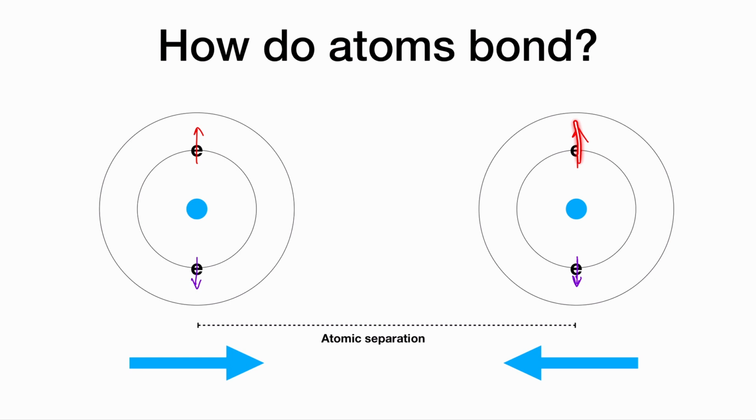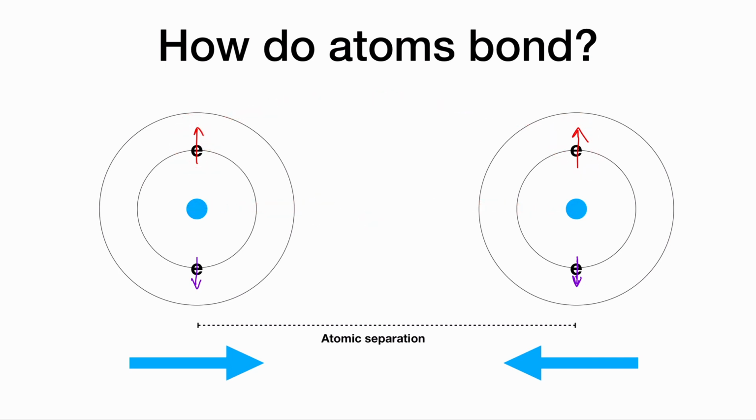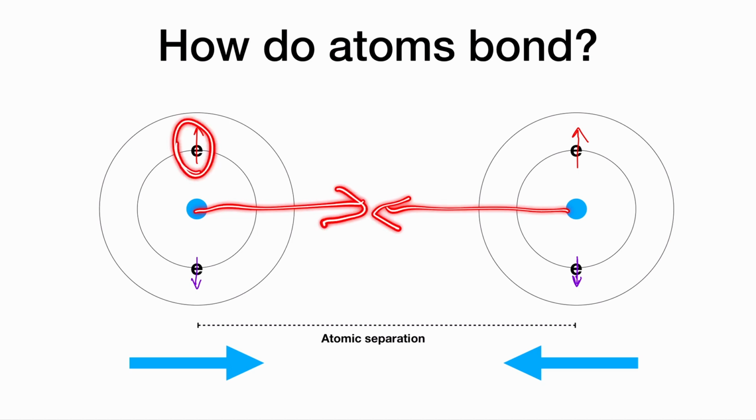And the same is true for this one. It has a spin-up and a spin-down electron. But as you bring them close together, notice that this electron is going to assume the same state as that electron. This would be a violation of Pauli's exclusion principle. So how do atoms bond? In other words, how do these guys live together in one sample without violating Pauli's exclusion principle?